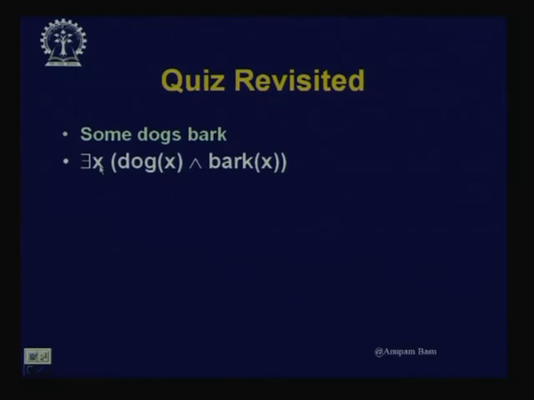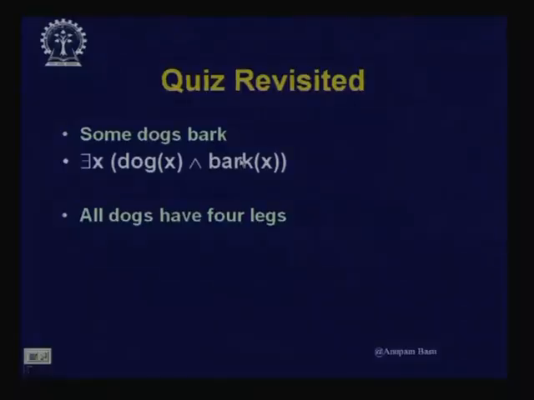Why do I need this existential operator? Because some dogs bark. I did not say that all dogs bark, but if all dogs bark, then also this will be true, because in order to prove its truth, I just need to find one x, which is a dog and which barks, then this sentence is true.